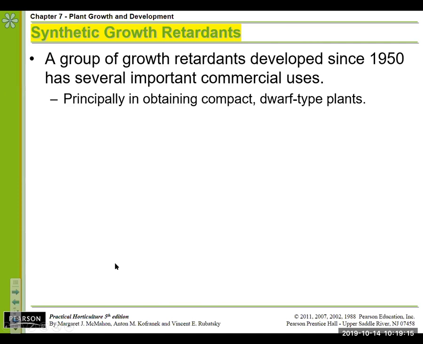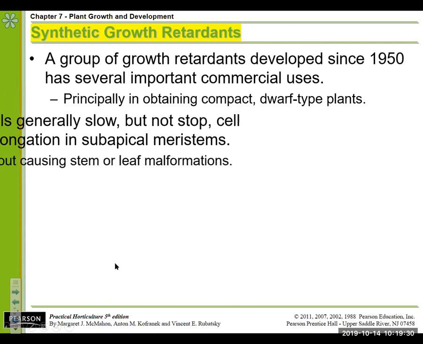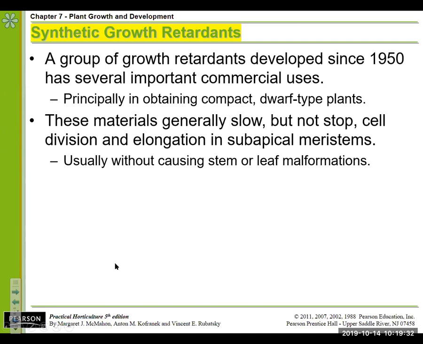We also have some growth retardants that are used and have been important in some commercial uses. The big thing is to obtain more compact dwarf type, more aesthetically pleasing plants in ornamental crop production.